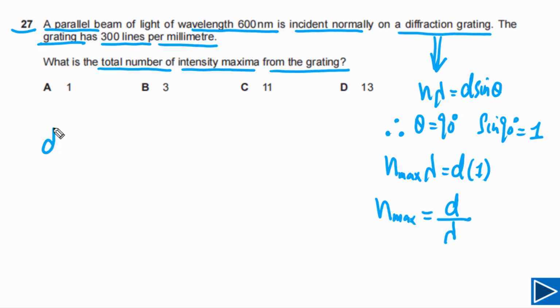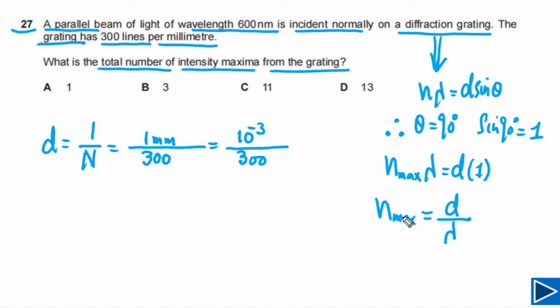So we can find out the value of d. d will be equal to 1 over n. In this case, we have 300 lines per millimeter, so n is equal to 300 lines per millimeter. So d is 1 millimeter per 300. Simply we can say 1 millimeter, which we have to convert into meters, SI units, divided by 300.